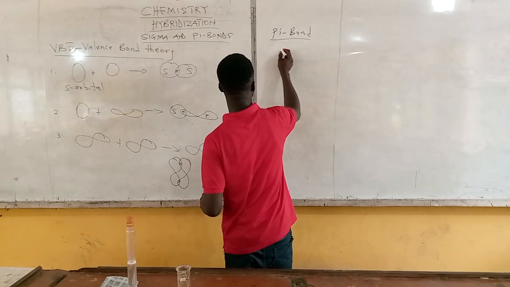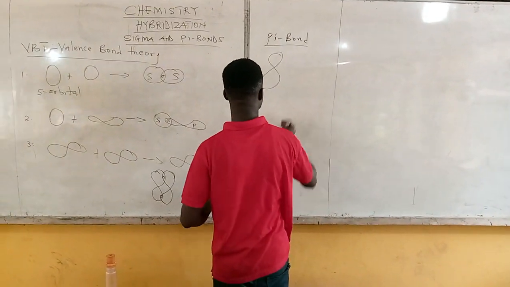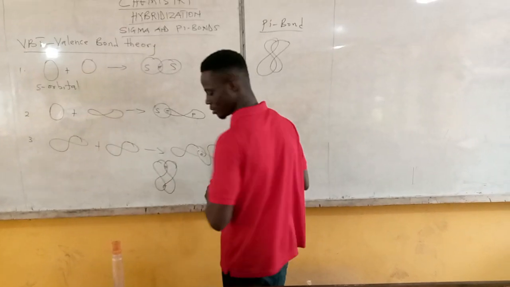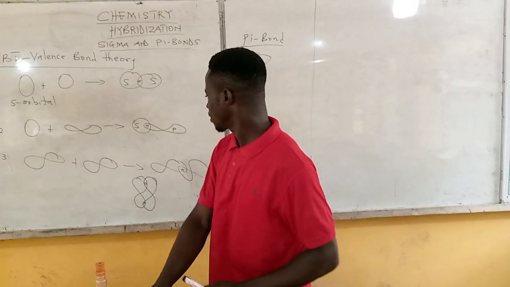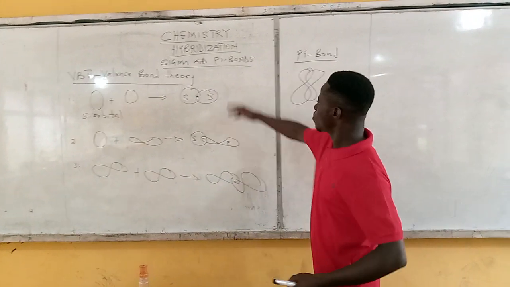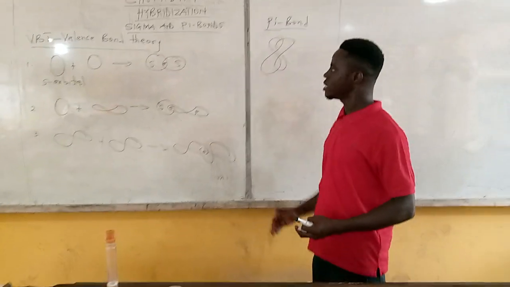So let's look at this. This is a p orbital with another p orbital. In this case, unlike what we said for sigma bonds, for pi bonds these are the conditions.